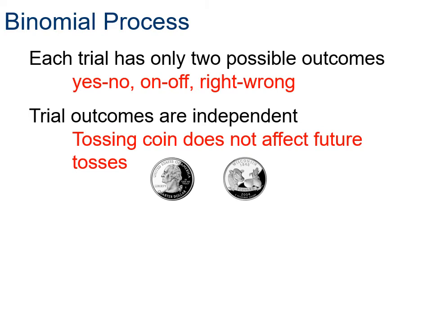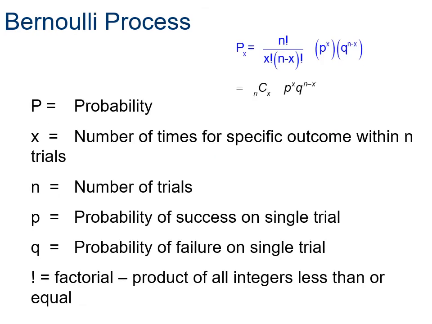I only have 51 cards in the deck. So my trial outcomes are not going to be independent. So flipping a coin is independent, but playing cards is not, because every time you take away 1 card, your odds are changing. Okay, all right. And when you grow up, if you ever try to play poker or something like that, that's why card counters can do well, because they can use those odds to their advantage.